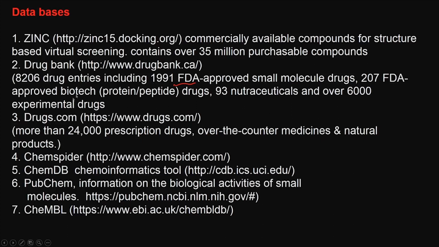So if I want to know if there are any drugs for a particular disease, I would look at this particular database or another database called Drugs.com. This has got 24,000 prescription drugs, over the counter medicines, natural products. So first step, if I want to know whether there is any drug available for a disease, is that I will go through these two databases.